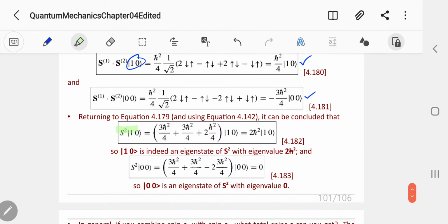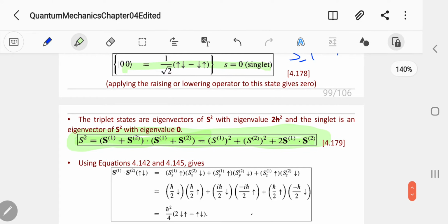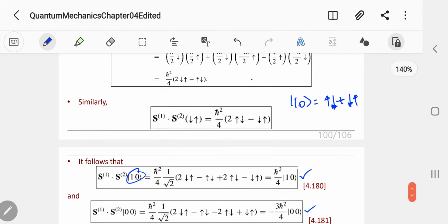here, that would just be equal to, so of course this one is 3h bar square over 4, this one will just give you 3h bar square over 4, and also this one 3h bar square over 4, and this one is h bar square over 4.